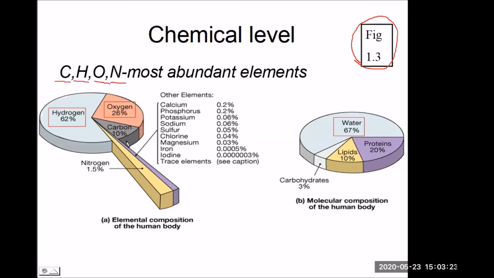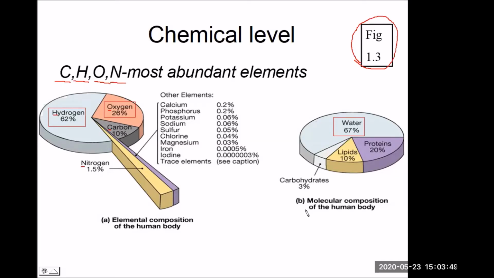And we'll just highlight those here: carbon, hydrogen, oxygen, and nitrogen. So looking at our major molecules, that's really the basis of our life, the basis of our DNA and protein structures, made from principally those 4 elements.